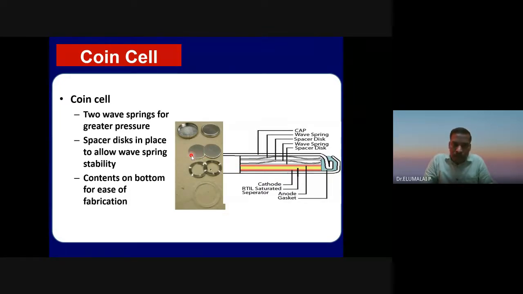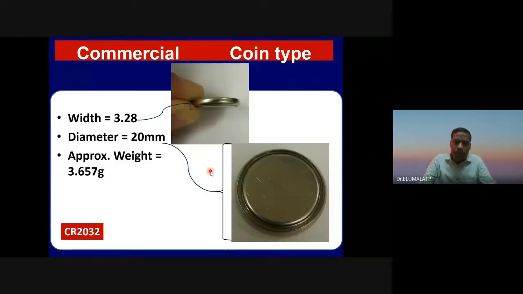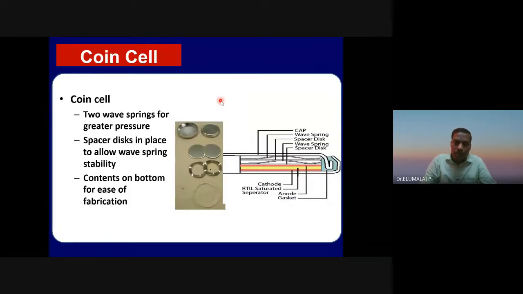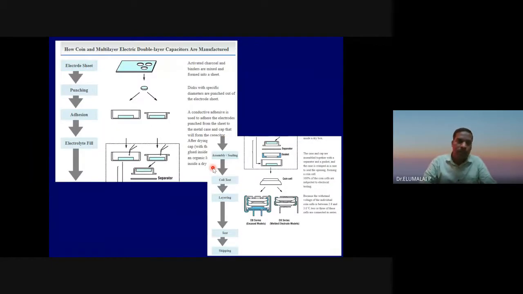Here you will attach your electrode material, one side the positive electrode, another side the negative. These spacers and springs are used so that when you crimp it and finish the device, you avoid short circuit and deformation; they withstand the pressure. Then you get the supercapacitor device. The same thing is used for batteries also.